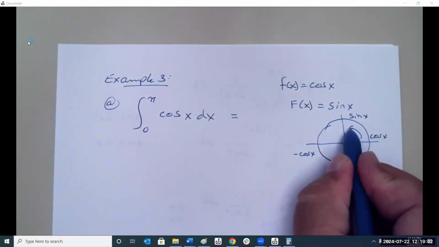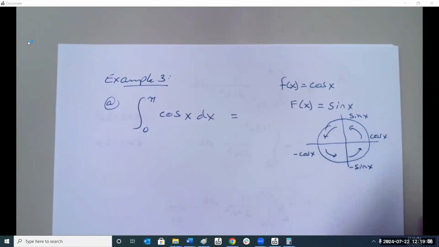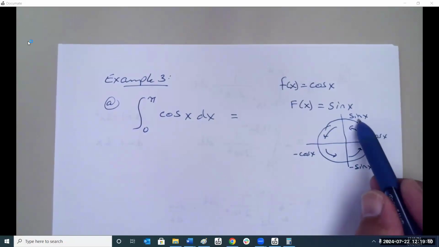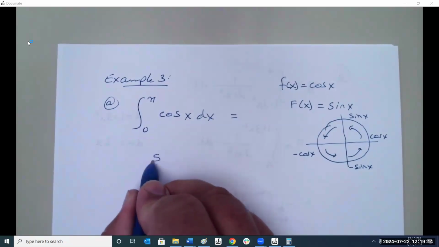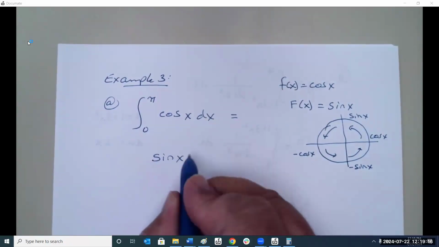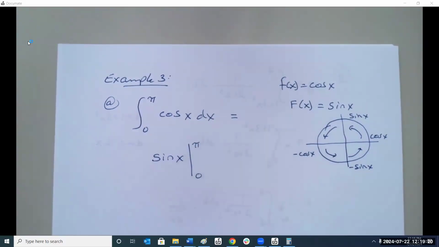With integrals, we're now going backwards, counterclockwise. So the integral of cosine is sine. The way we write this is sine x from 0 to pi.